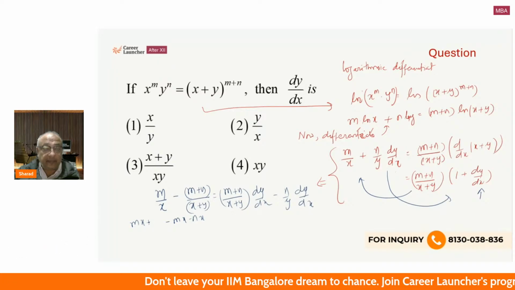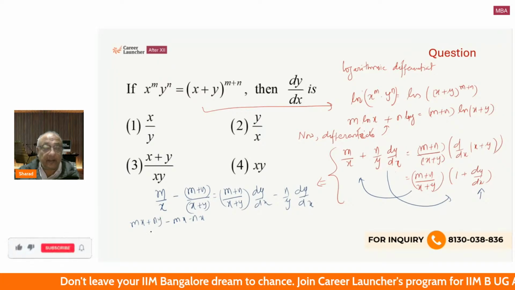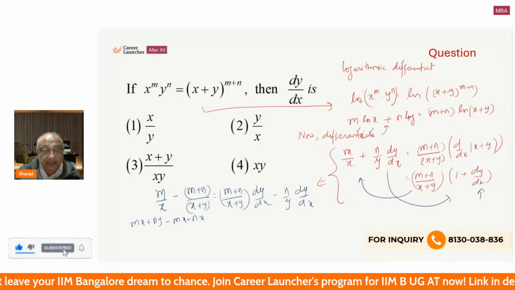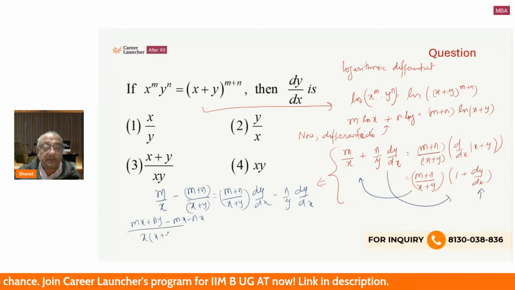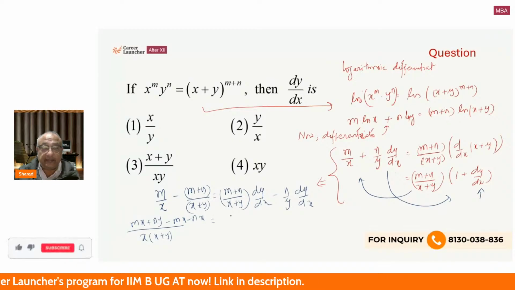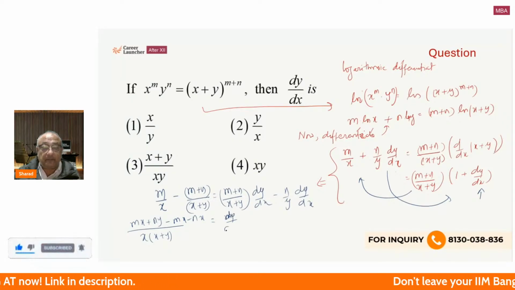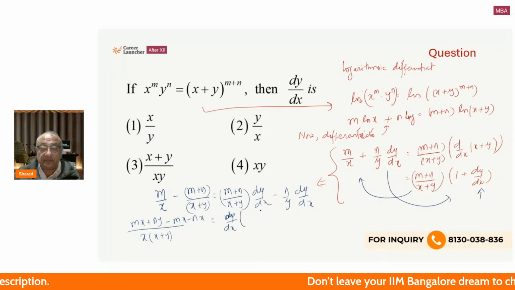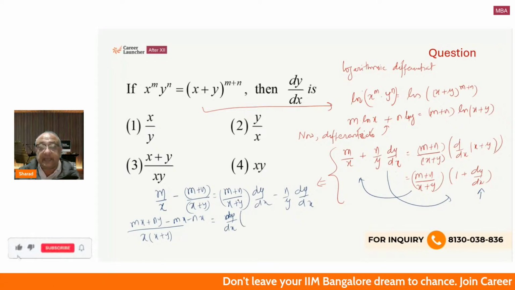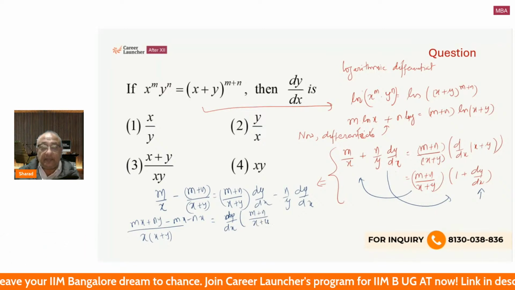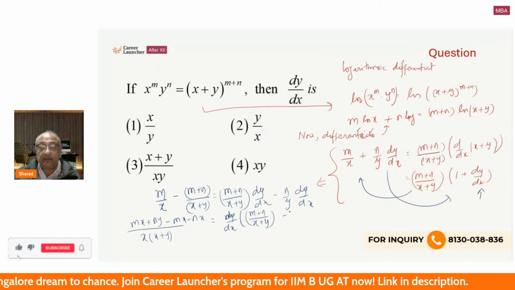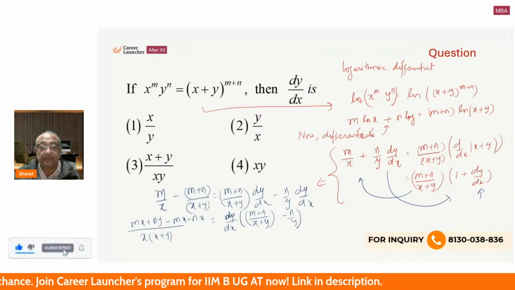Let me rewrite ny. This is minus minus both upon x into (x plus y). And what do we have on the right hand side? We will have dy by dx common, and in bracket again, (m plus n) upon (x plus y) minus n by y. Let me not be unnecessarily fast in doing it.